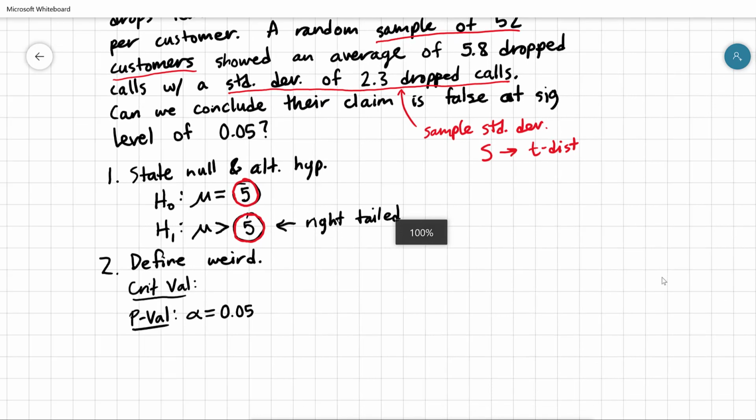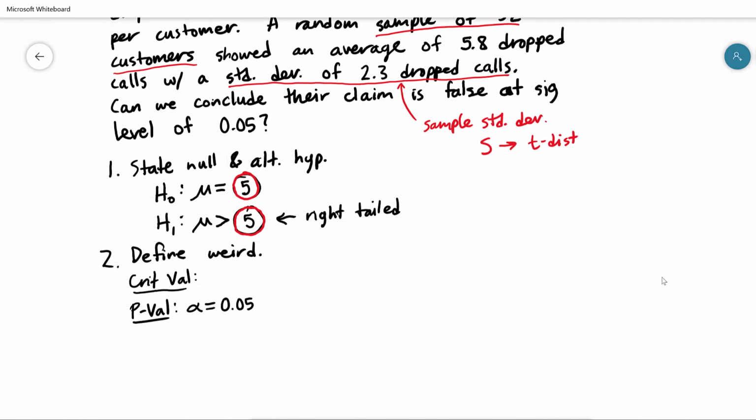So coming back down here, I know that this is going to be t sub alpha. I know it's going to be t from the discussion that we just had that we're dealing with a t-distribution, and I know it's going to be t sub alpha because we've got a right-tailed hypothesis. T sub alpha is the one that goes with right-tailed cases.